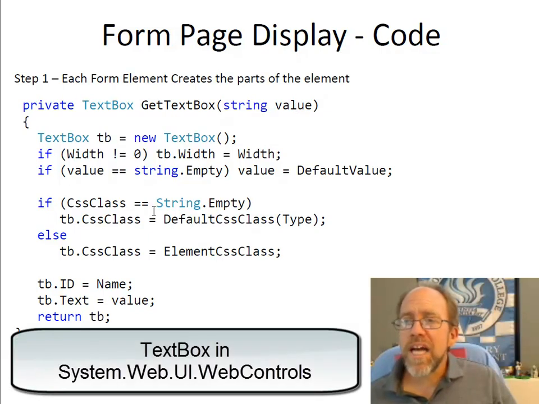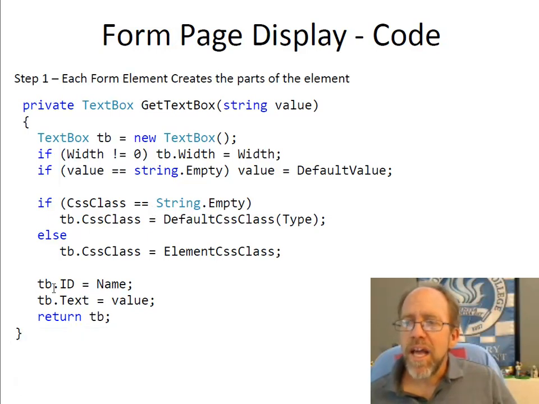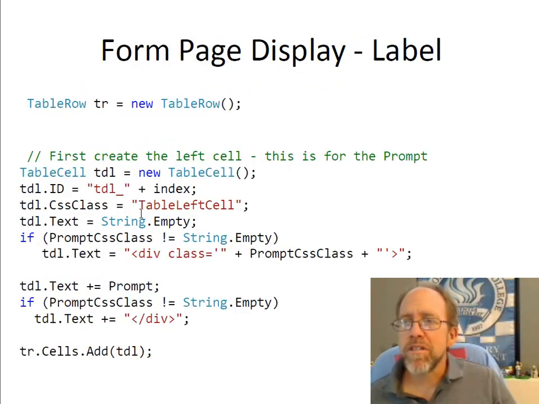And the CSS class that's associated with it. So in other words, it can apply a CSS class to the text box, and it has an ID, and it has the value which actually goes into the text. So the form element can answer the text box associated with the form element.